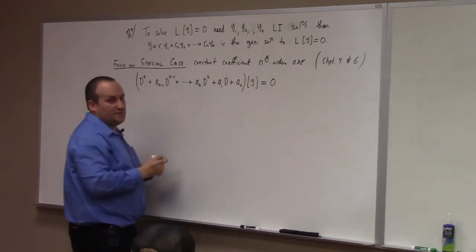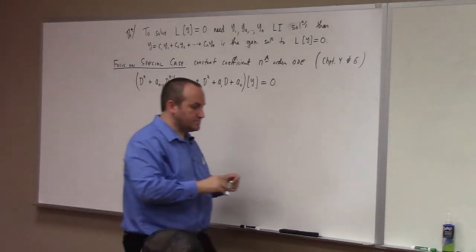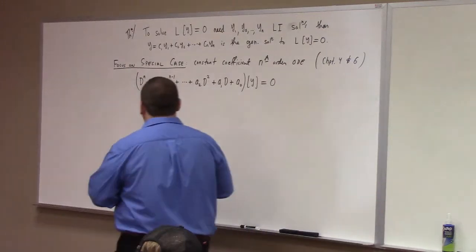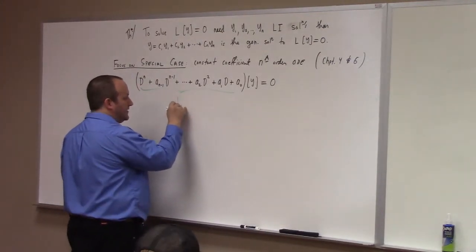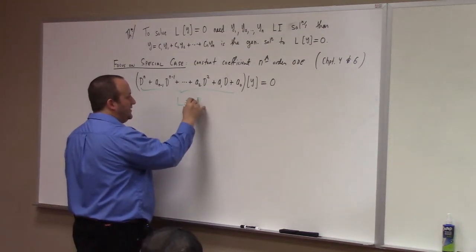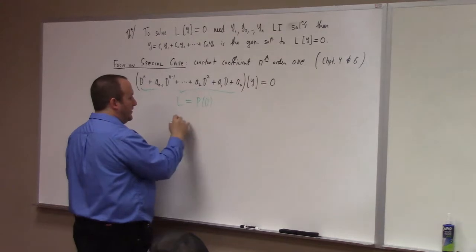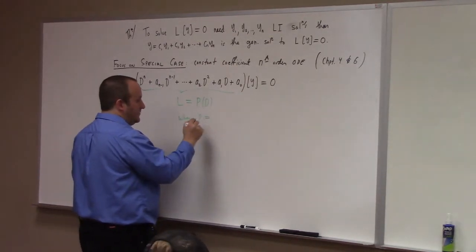This is what we want to solve, all right? And so the language we were just using, I have called this thing L, right? But you could also say that this L is equal to P of D, where P is a polynomial, right?